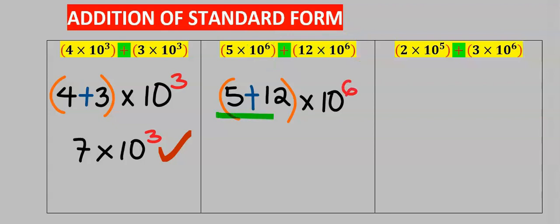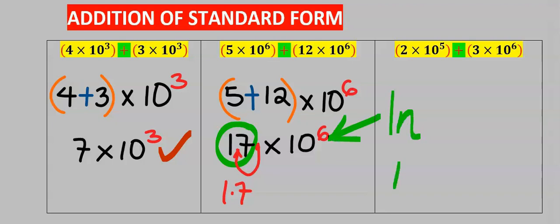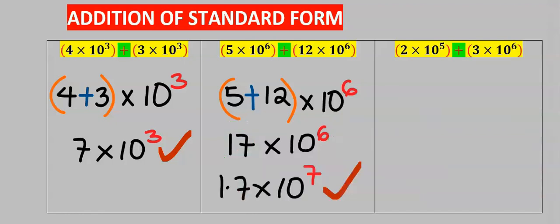Next, I will add 5 and 12. Next, 17 is greater than 10. I will move the decimal one step to the front to have 1.7. And because of this, 6 will increase to become 10 to the power of 7. And this becomes our answer.